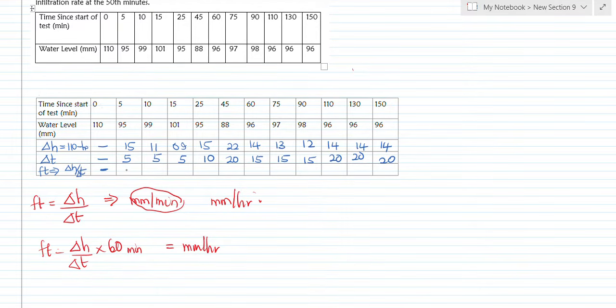So 15 over 5 times 60 is 180. 11 over 5 times 60 gives us 132. 9 over 5 times 60 is 108. 15 over 10 times 60 gives us 90. 22 over 20 times 60 gives us 66. 14 over 15 gives us 56. 13 over 15 gives us 52.